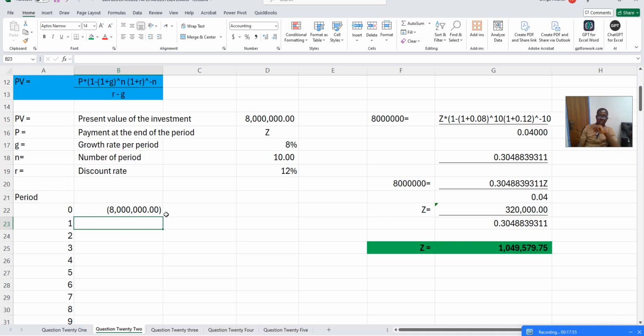So assuming I don't have this value that we want to determine. So we assume that we invest what? 1 shilling. Assuming the minimum amount that I'm investing is 1 shilling. Okay? This 1 shilling will be growing at the rate of 8%.